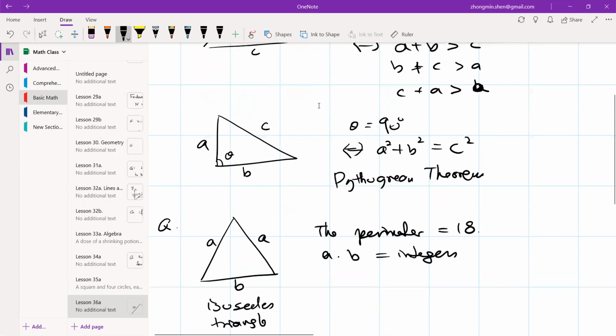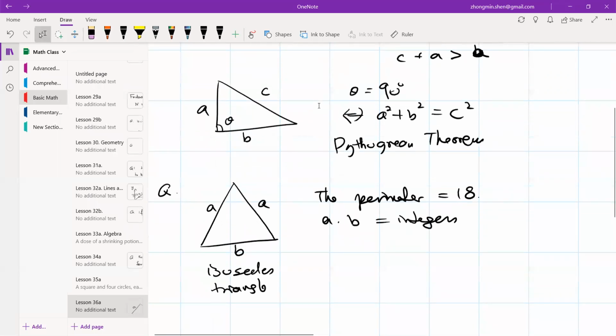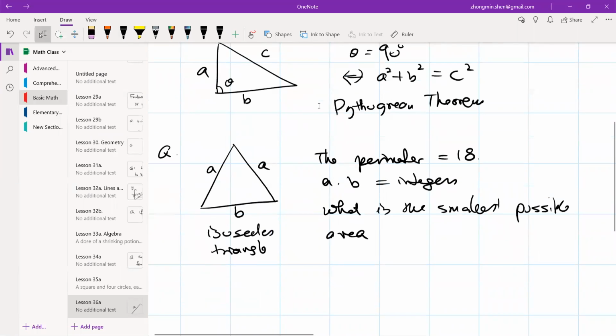My question is, what is the smallest area of such a triangle you can have? You cannot randomly check, right? The perimeter is 2A plus B, so 2A plus B equals 18, and A, B are integers. What is the smallest possible area?